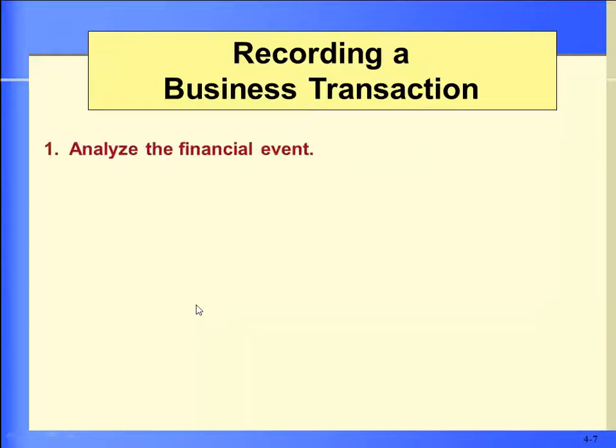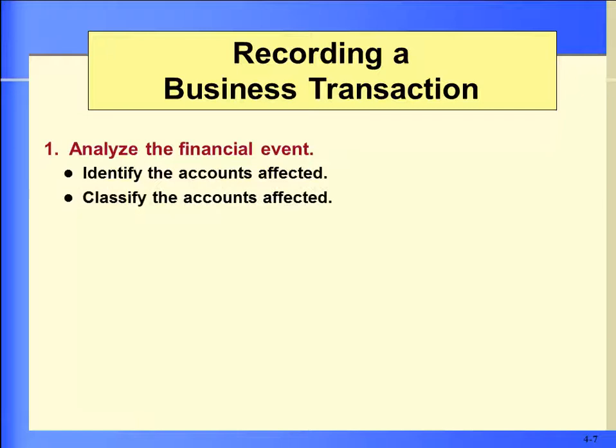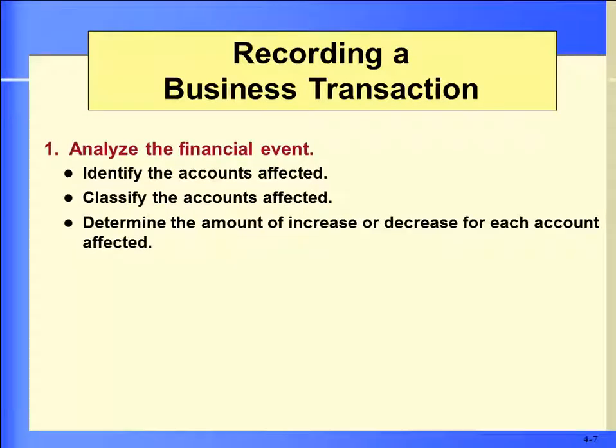So, recording a business transaction: we analyze the event, identify the accounts. So we identified in the prior example cash and capital, classify the accounts affected, determine the amount of increase or decrease for each account, apply the rules of debit and credit.